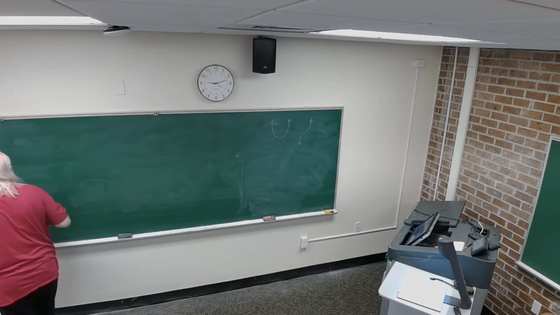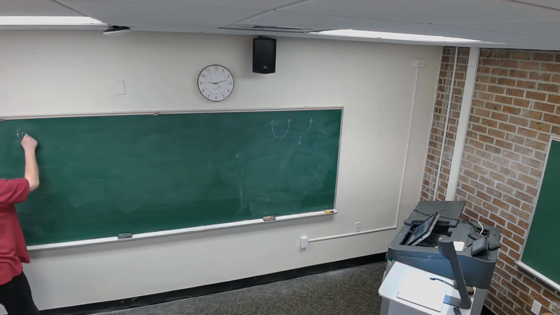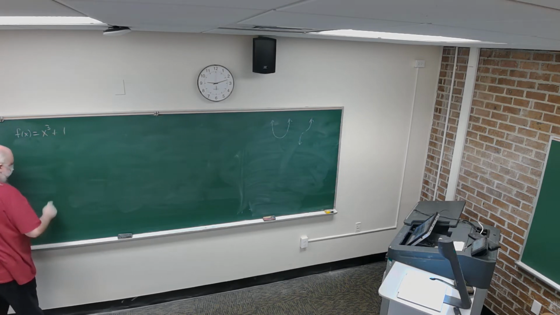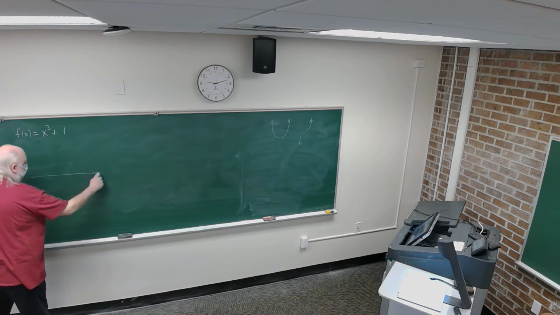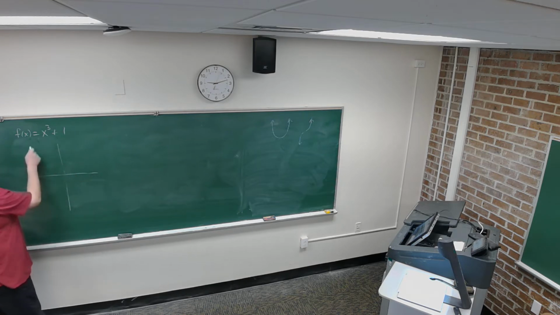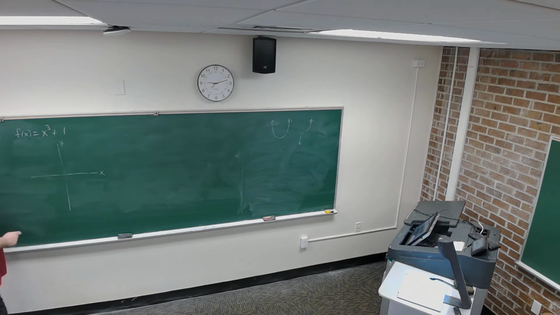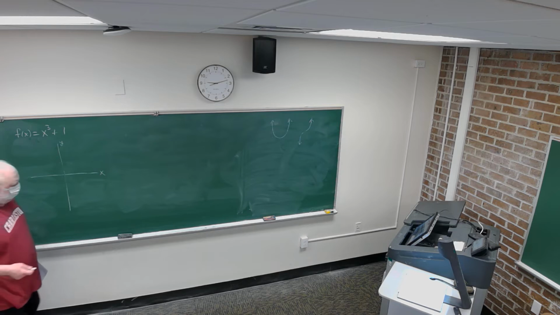So the first function is a transformation on the cubing function, right? We have x cubed plus 1. So this is the graph of f of x, right, the graph of the cubing function shifted up 1 unit. Okay.